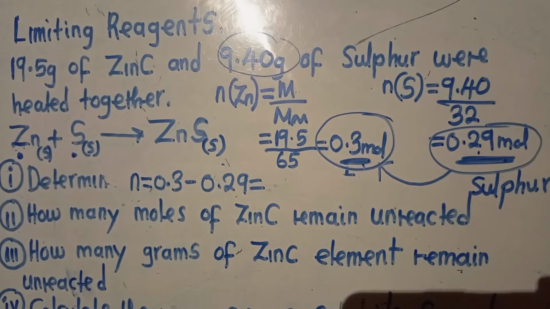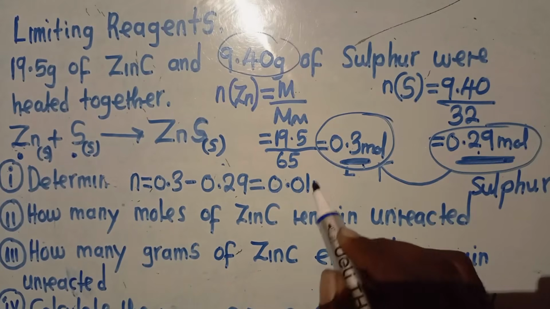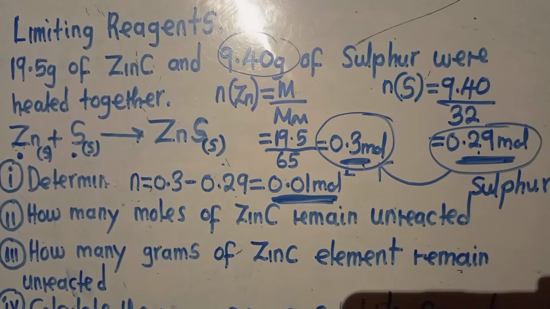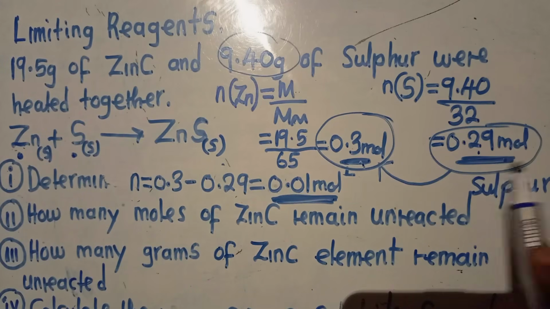The answer you are going to get is 0.01 moles. This is the number of moles of zinc that remained unreacted. You say this one minus the number of moles for the limiting reagent. That is what you are supposed to do.